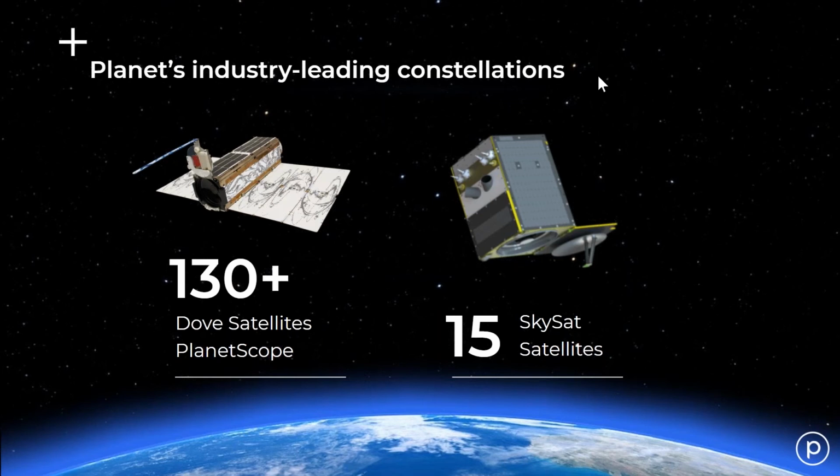They're approximately the size of a loaf of bread, and they collect at 3.5 meter GSD resolution, which we are able to enhance to 3 meters resolution. So every single day we create a 3 meter resolved image of the Earth in RGB and near infrared. We're increasing the spectral bands to include red edge and hopefully coastal blue and a number of others by the end of the year, up to 8 bands. So exciting times for the doves.